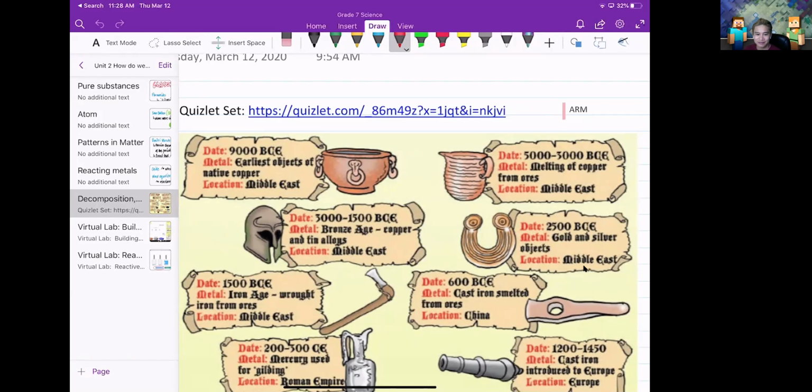Yeah, how do you think they come up with Iron Age, Bronze Age? I think it's by when they discovered that thing, like Iron Age, they discovered iron. Okay, all right.